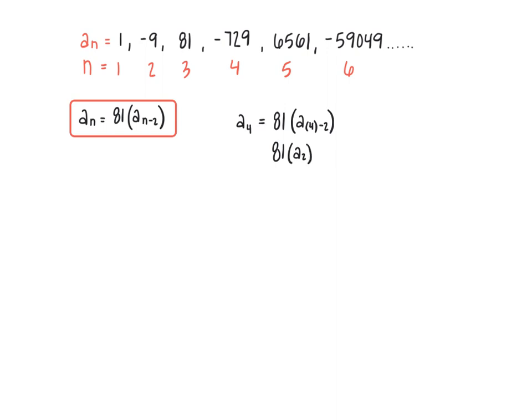And looking at our pre-existing sequence, we know that the second term has a value of negative 9. So this becomes 81 times negative 9. And if I multiply this out, I get that a sub 4 is equal to negative 729. And if I check my fourth term, that is exactly what I get.